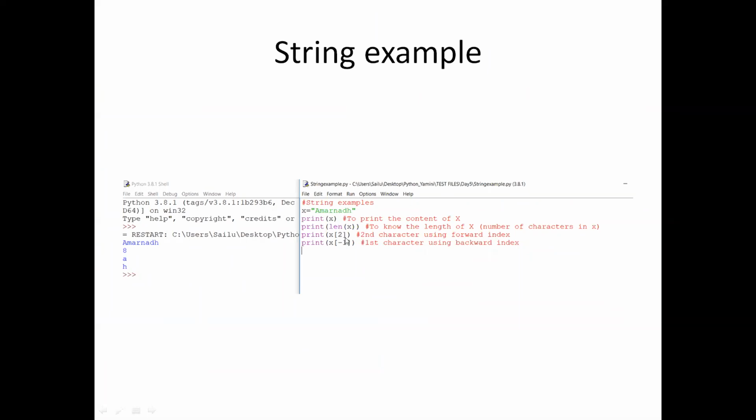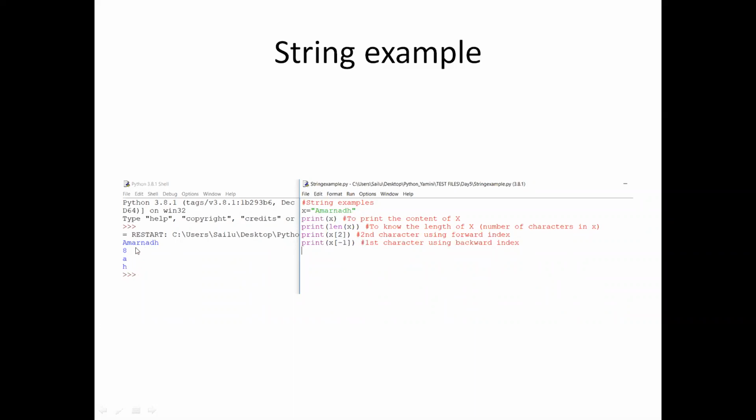And I want to retrieve only a particular character from the string. So use square brackets with a forward index or backward index. If it's a forward index, it starts from 0. If it's a backward index, it starts from -1. So the second character using the forward index, or the first character using the backward index. Since the last one is negative, the system takes -1, -2, and so on.